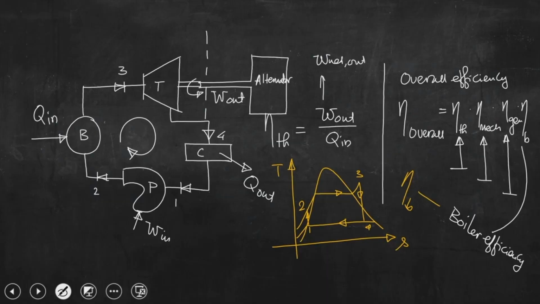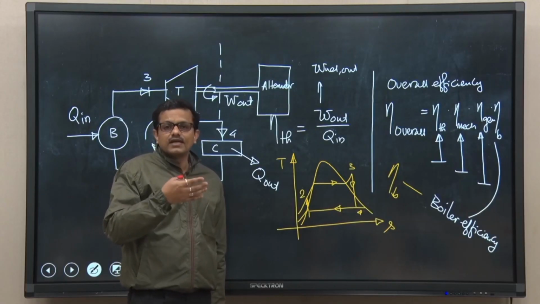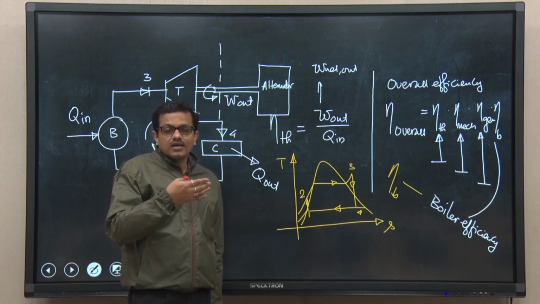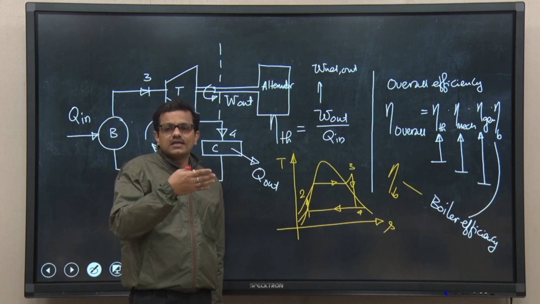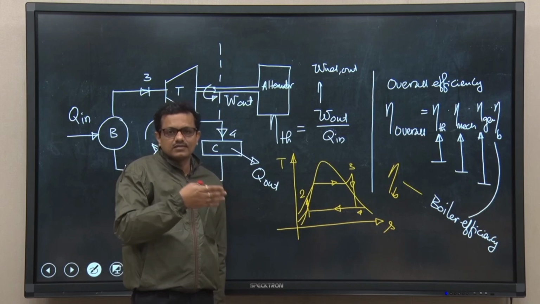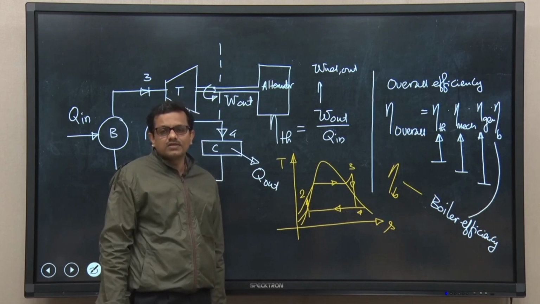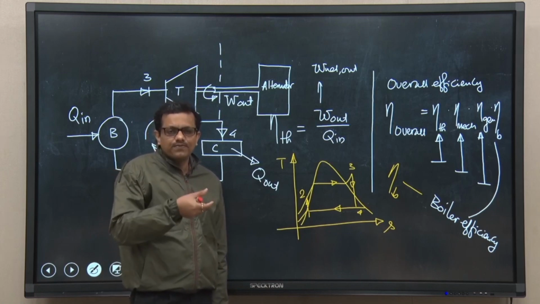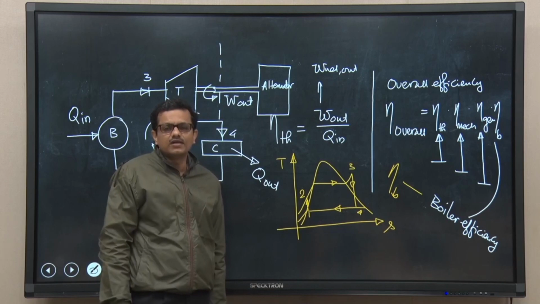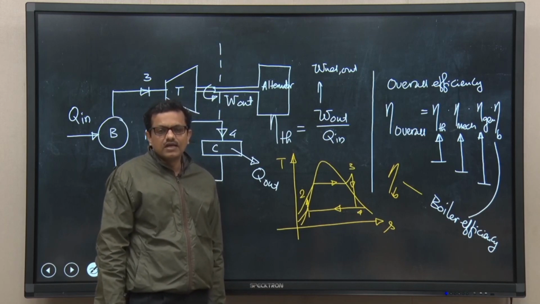Whenever we give some energy to the boiler, a mechanical device, the heat is transferred to the boiler, and using that heat water is converted into steam. This process is not completely reversible, so the energy we give to the boiler will not be converted equally into an increase in the internal energy of the steam or working substance.